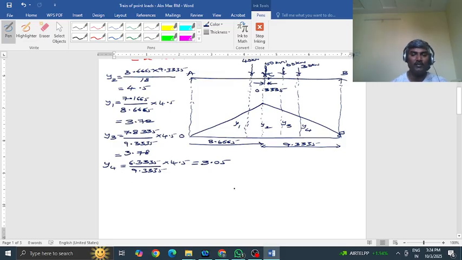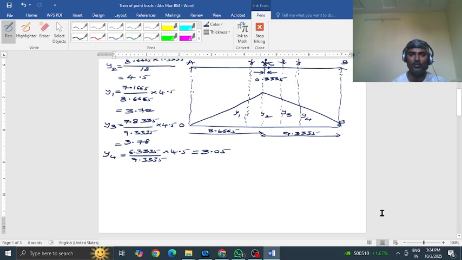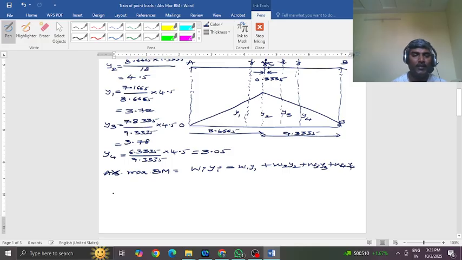Now to get the absolute maximum bending moment, it is simply Wi into Yi, which means W1 Y1 plus W2 Y2 plus W3 Y3 plus W4 Y4. So add all these values.